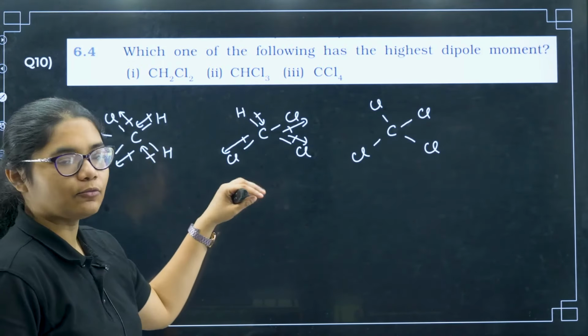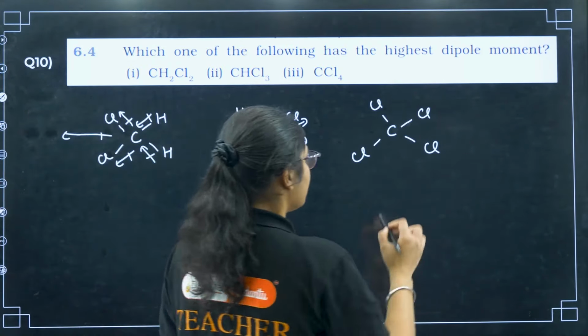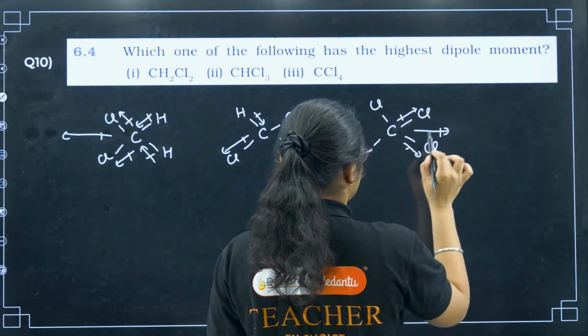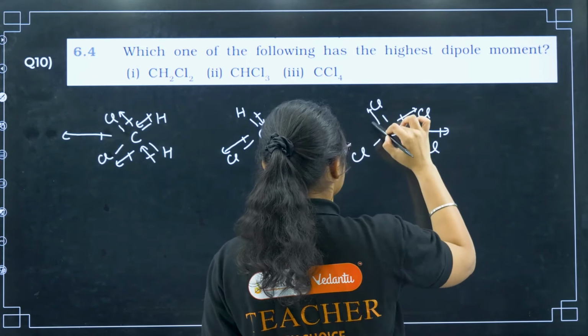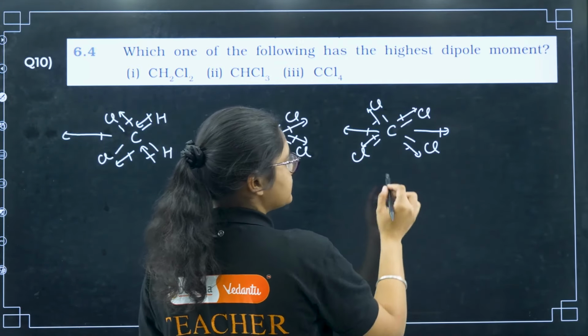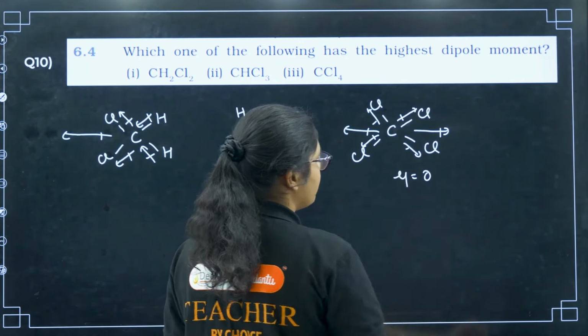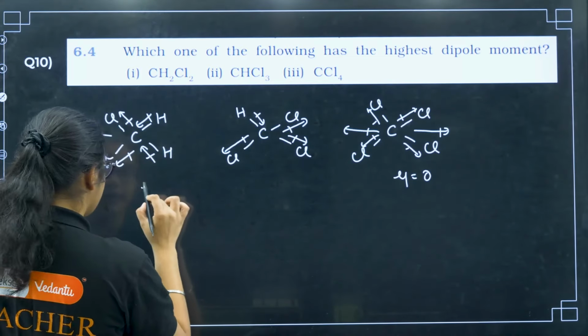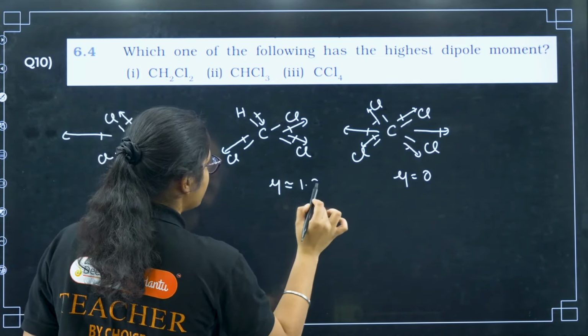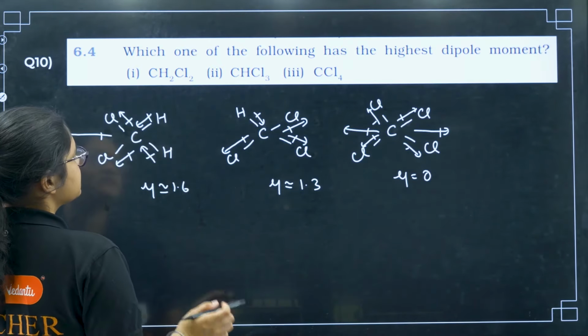So the net dipole moment decreases here. And here you can see this is in this direction, so we will have a net dipole moment in this direction. Similarly here a net dipole moment in this direction. So the total dipole moment here becomes 0. Here it is somewhere around 1.6 and here somewhere around 1.3. Okay, so which one is the highest one?